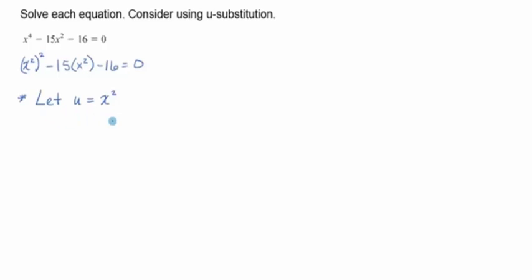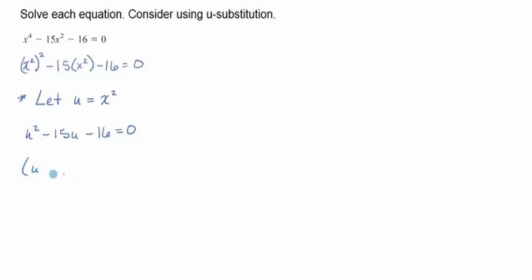Now we're going to rewrite this equation in terms of U. If x squared is U, then we replace it and we have U squared minus 15 times x squared, which we know is U, minus 16 equals 0.